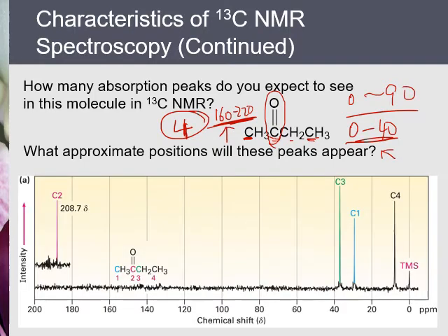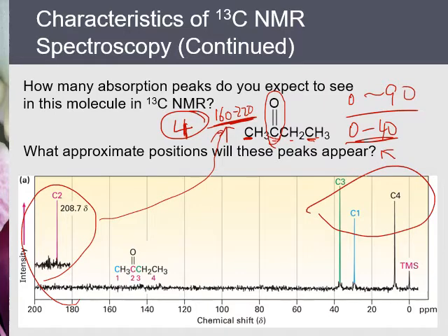And here is the NMR spectrum for this molecule. The most downfield has a peak at 208, and that's the carbonyl carbon in the range as we expected. There are 3 peaks between 0 to 40. The most downfield one should be the one closest to carbonyl.